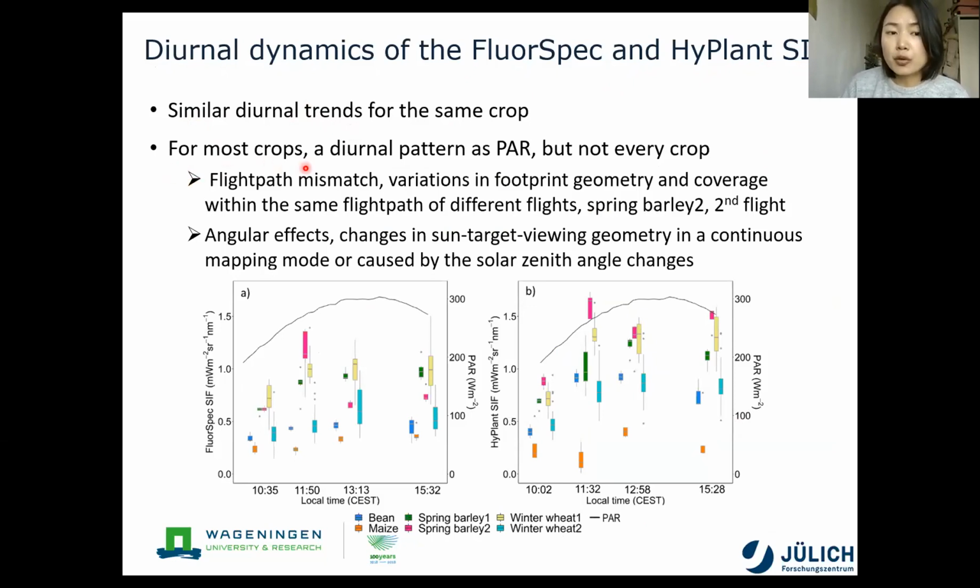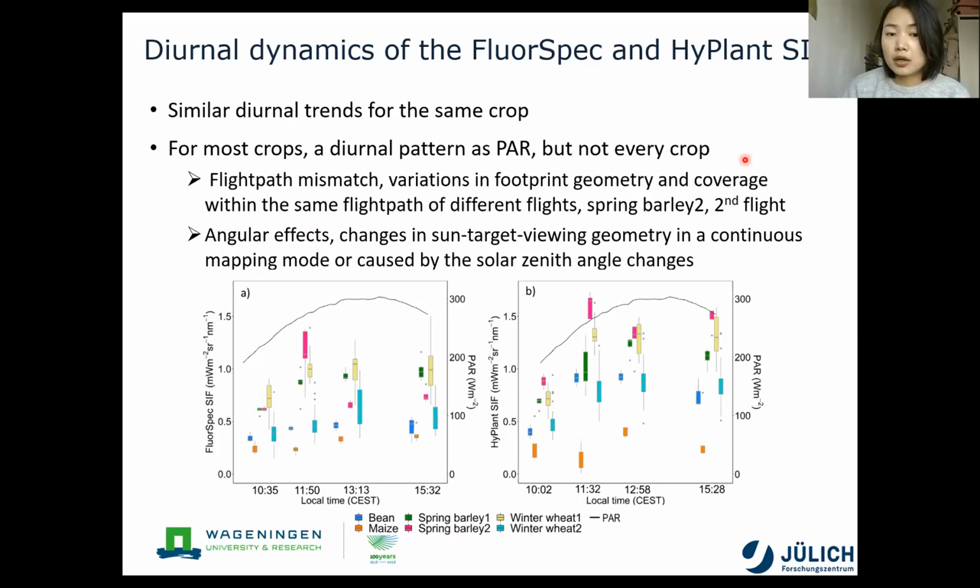And for most crops there was a diurnal pattern, but not for every crop. For example, for winter wheat 1, winter wheat 2, and spring barley 1. This pattern is not for every crop, but it makes sense.